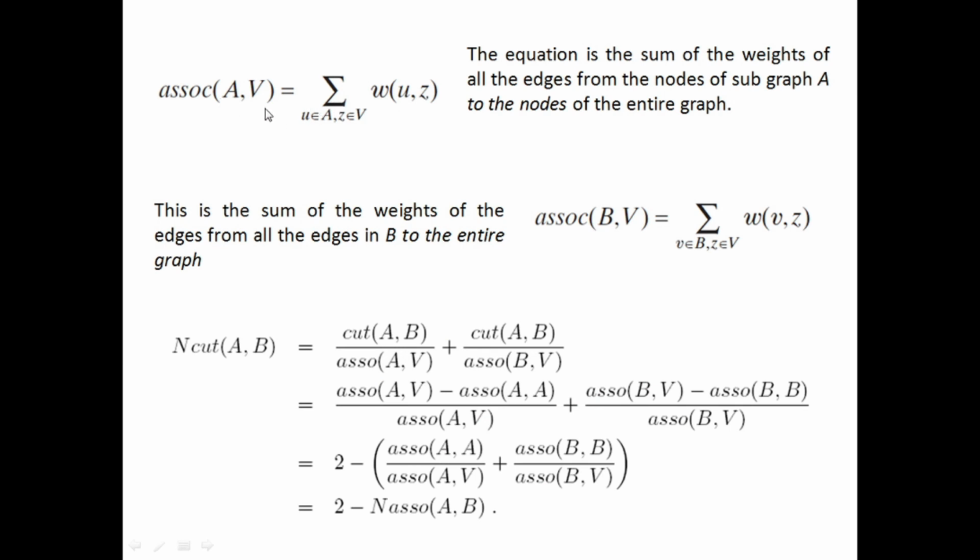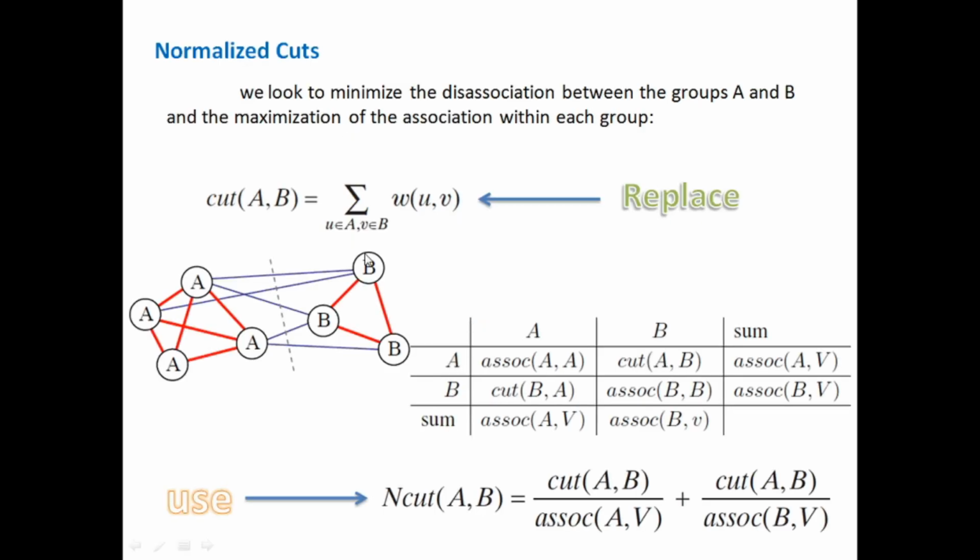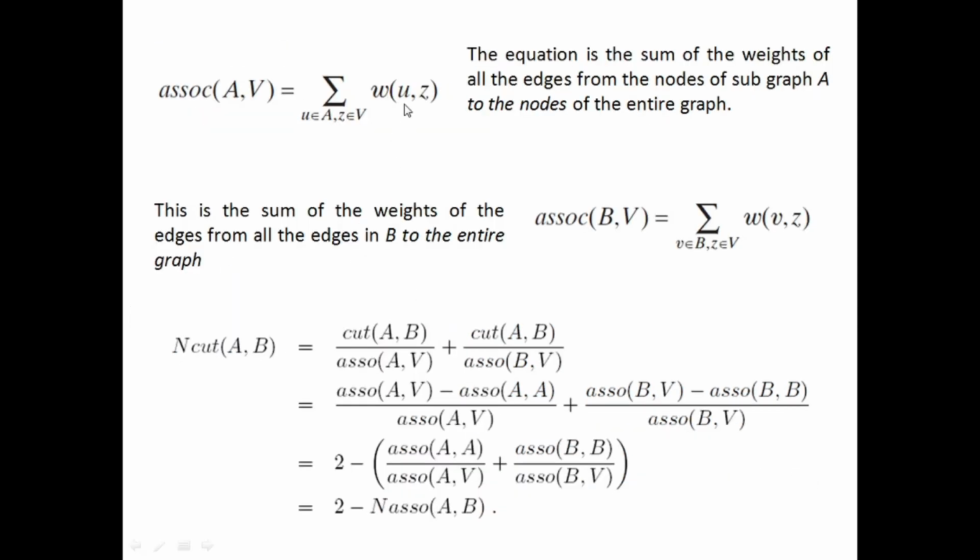So A comma B equals sigma U belongs to A, Z belongs to V. These are some nodes which are present in the superset of A and B. So they are tending to connect or join with Z here. So Z is nothing but the number of nodes.